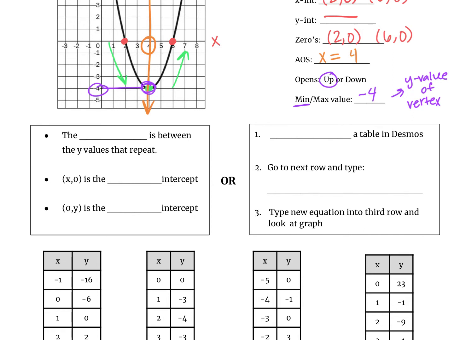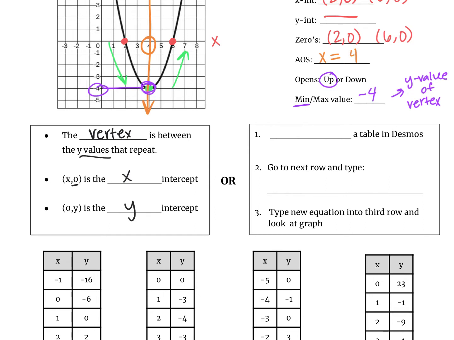Okay, so the vertex is between the y values that repeat. Then we can find x-intercepts when you have a coordinate where the y value is 0, like this. So when you have an x, 0, this is your x-intercept. And when you have 0, y, this is your y-intercept.